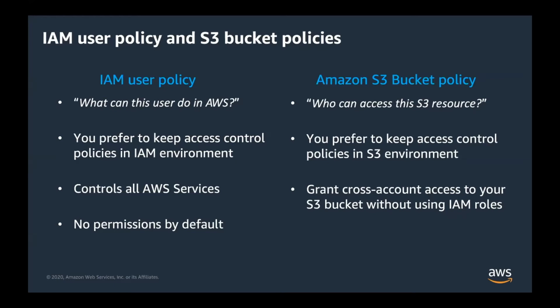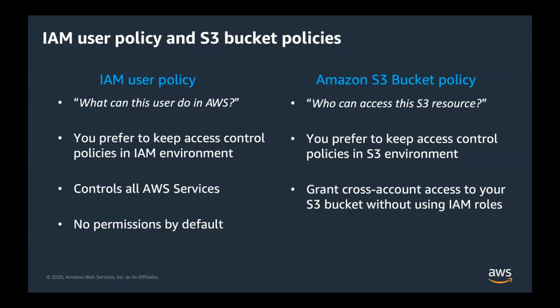So from a user perspective, the answer for the IAM user policy would be what can this user do? The S3 bucket policy really talks to who can access this S3 resource. So while the IAM user could potentially say that you have access to S3, an S3 bucket policy could limit the number of users that have access to objects that are written into the bucket.